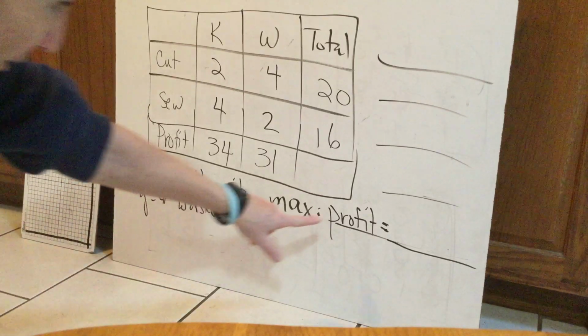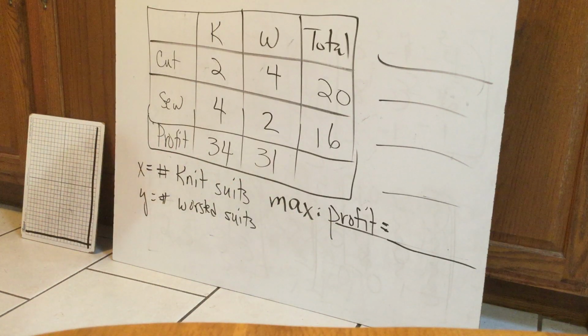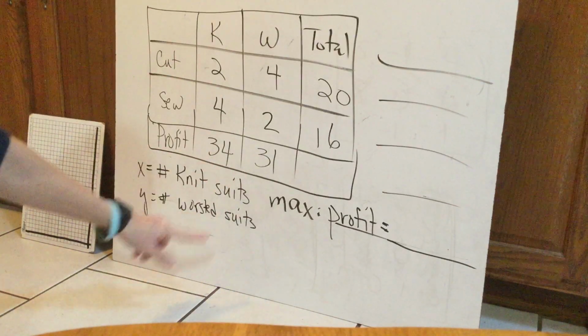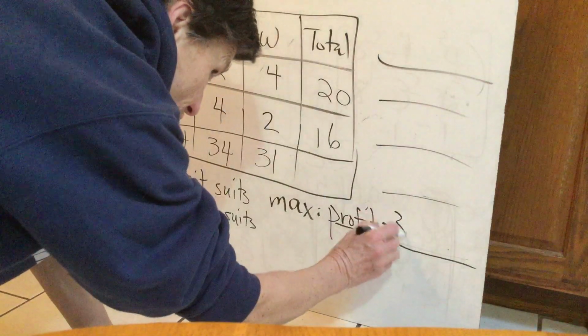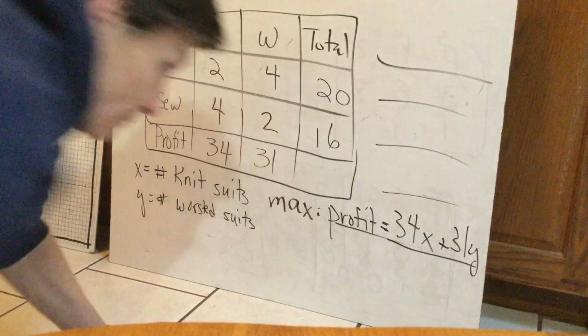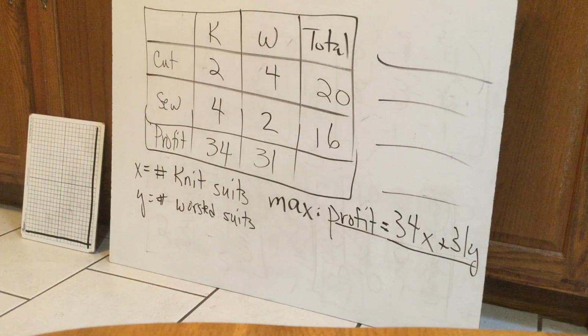Well, then it's pretty easy to figure out what our profit will be. I make $34 on every X and $31 on every Y. So won't that just be 34X plus 31Y? That is my profit statement.